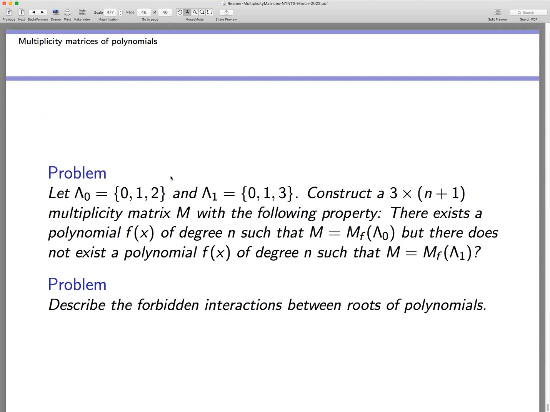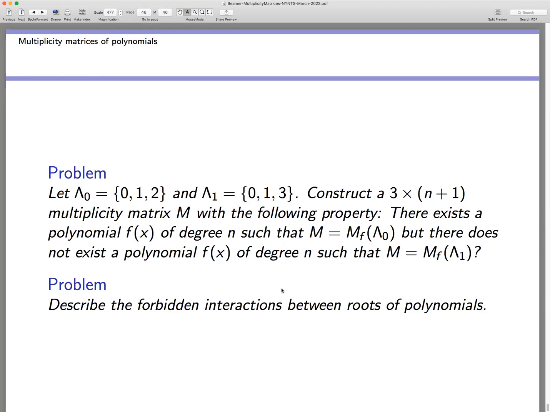When you start looking at 3 or more variables, 3 or more places where you're evaluating, things are much stranger. Someone could ask, for example, take the set 0, 1, 2, and 0, 1, 3, construct a 3 by n plus 1 matrix which is the multiplicity matrix for some polynomial f with respect to 0, 1, and 2, but not with respect to 0, 1, and 3 for any polynomial.